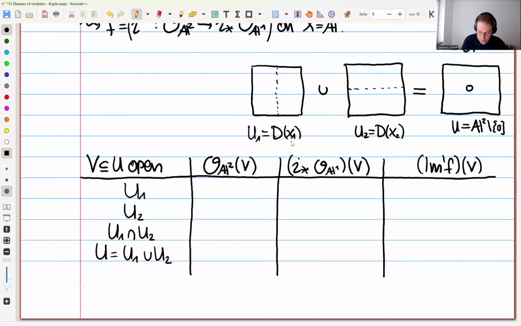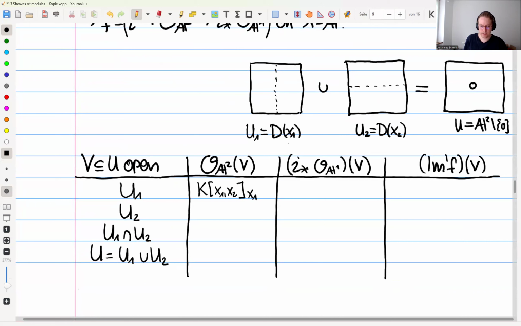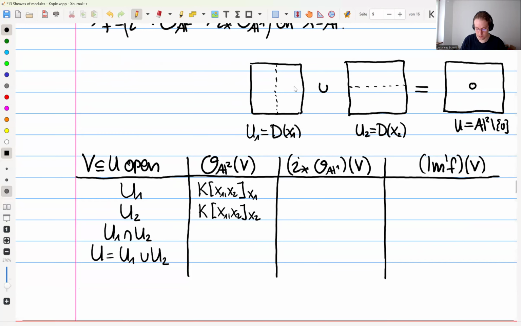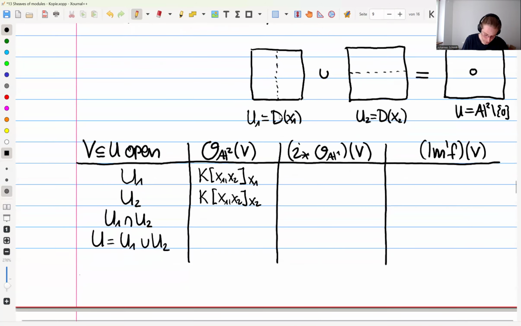For example, on this distinguished open set, the regular functions that are allowed are exactly polynomials in the two variables, and then because we remove the locus where x1 is 0, we localize exactly at this element. Similarly for U2, we localize at x2. And their intersection, if you remove both of these parts, is the distinguished open set for x1 times x2, and so the sections are given by localizing again at this element.